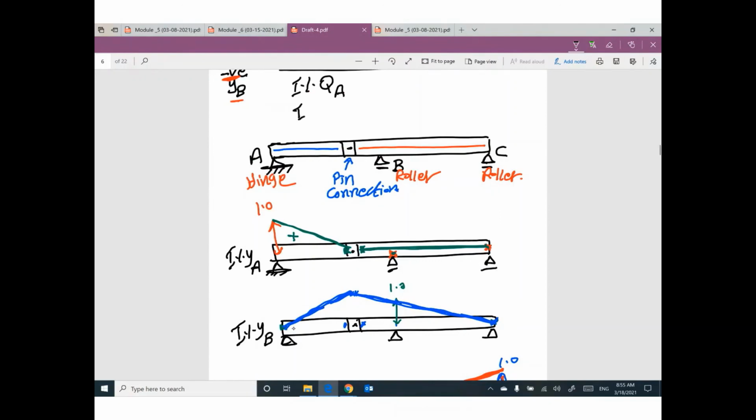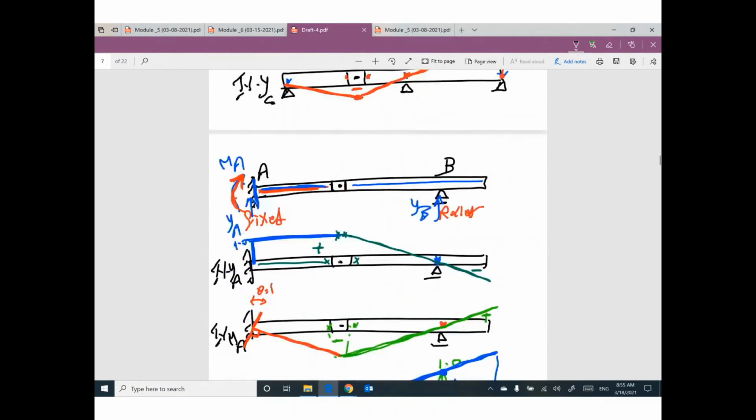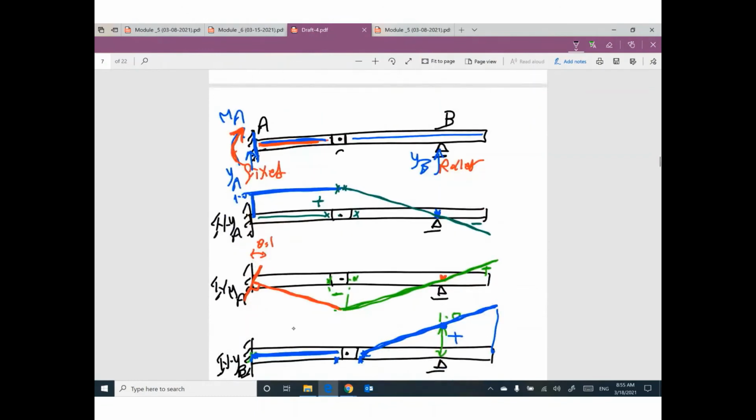What is the influence line for moment at D? For this one, what is the influence line for shear at A? What is the influence line for moment at C?